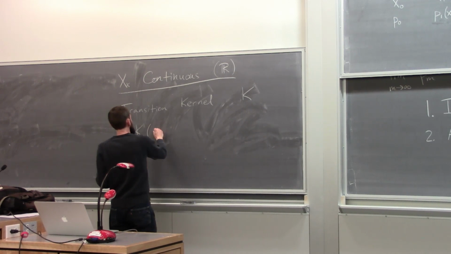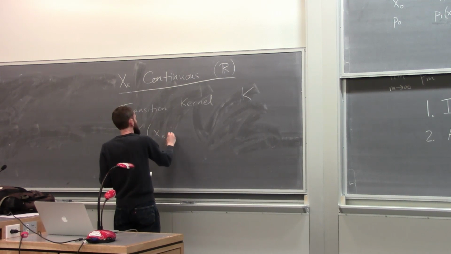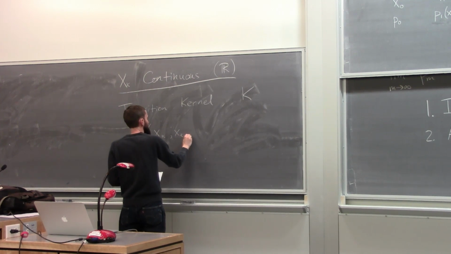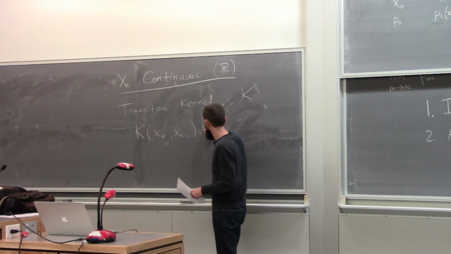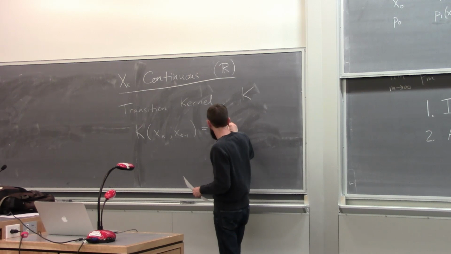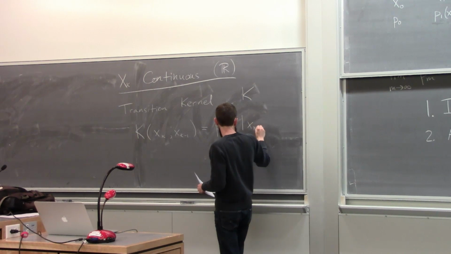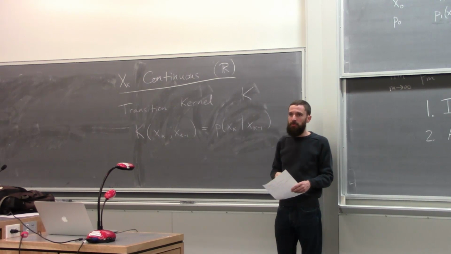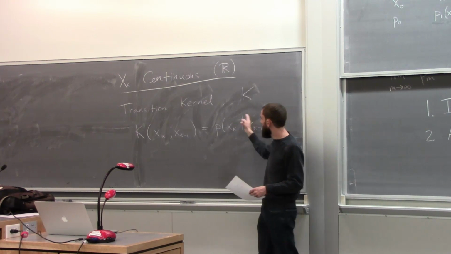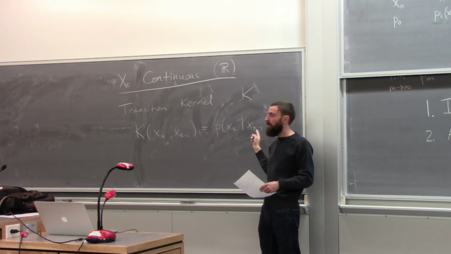So I'm really going to write it this way: for the random variables x_k and x_{k-1}, the transition kernel is just the conditional probability of x_k given a particular value for x_{k-1}, right? And this, of course, is going to be a continuous function.